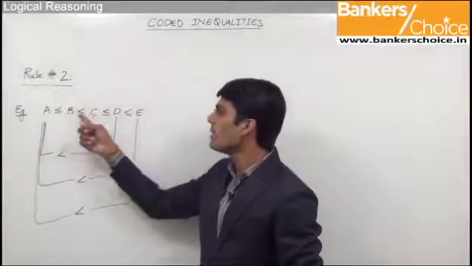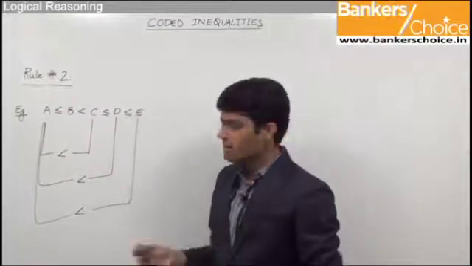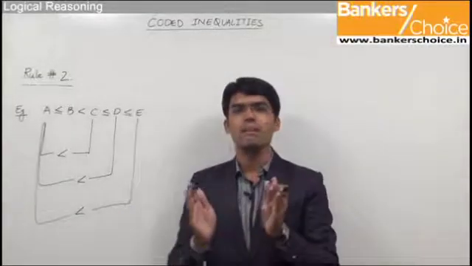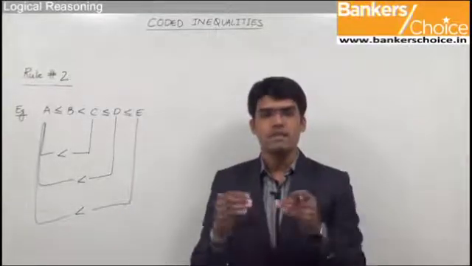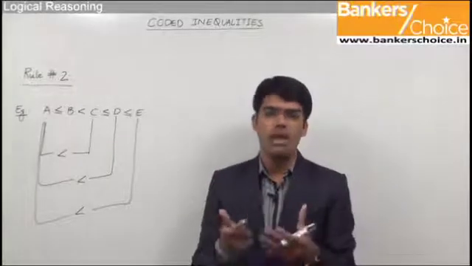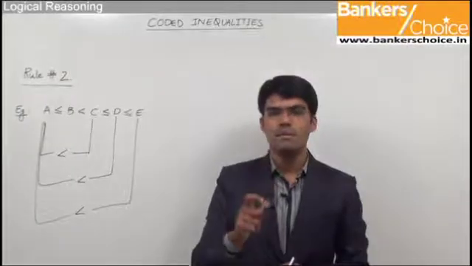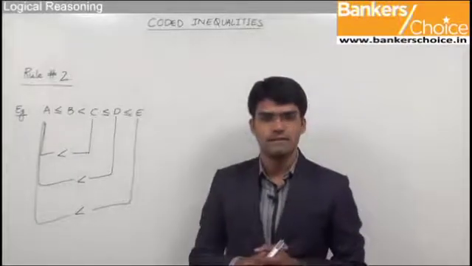So the common in all the four cases is less than. So we should take that as the relationship. So the idea here is, whenever you are comparing two distant variables which have got two or more than two inequalities between them, we should always consider only that part which is present in each of the inequalities.